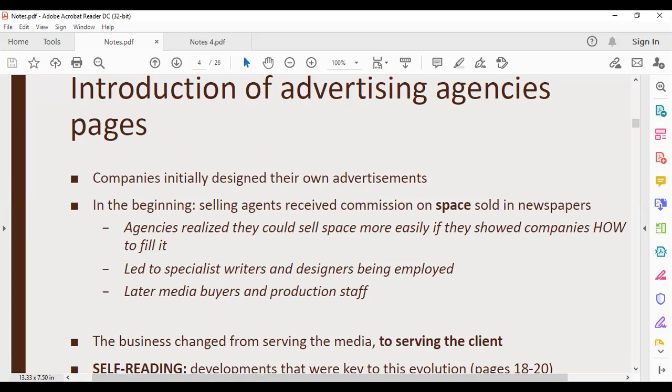In the beginning, selling agents received commission on space sold in newspapers. Agencies realized they could sell more space easily if they showed companies how to fill it. This led to specialist writers and designers being employed, and later buyers and production staff. So in the beginning, the selling agencies used to sell space in newspapers for a particular price.